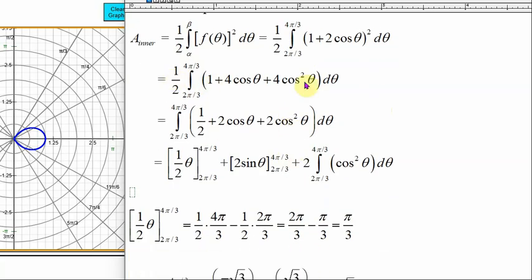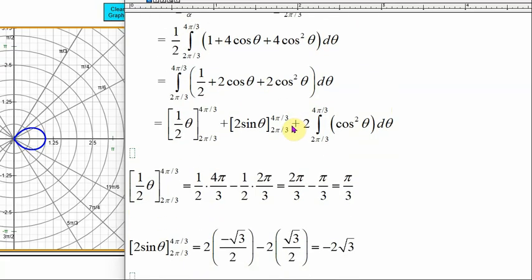Then multiply everything by 1/2, we get 1/2 plus 2 cosine of theta plus 2 cosine squared of theta. Of course, the integral of 1/2 will be 1/2 theta, evaluated from 2 pi over 3 to 4 pi over 3, and then we get pi over 3.